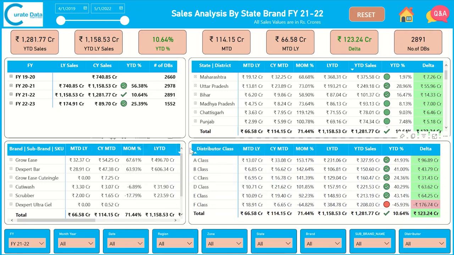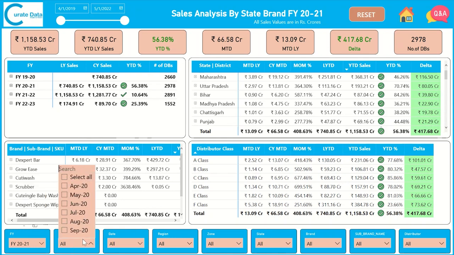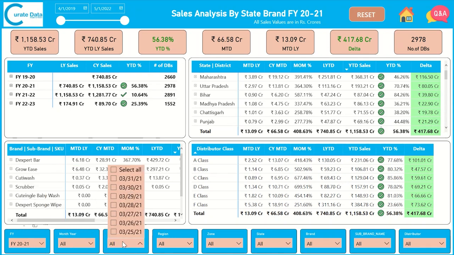And I can further classify all the distributors in class A, B, C, D, E, F, and further drill down to the list of the distributors to see which distributor is not performing well and how we can tackle that. You will also have the filters. For example, this is my financial year filter. I can filter out for one particular financial year, let's say 2021. My data will change for that particular year. I can filter out a particular month from here, then date also I can filter out.